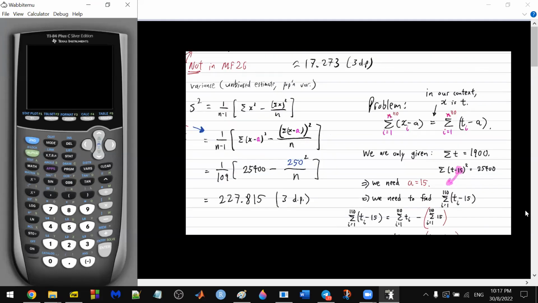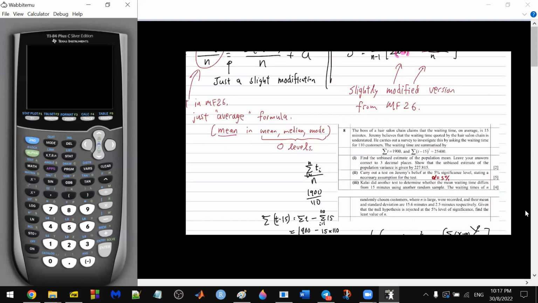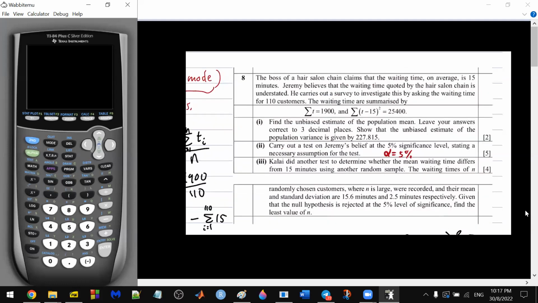Before that, let's read the question again. Carry out a test on Jeremy's belief at the 5% significance level, stating a necessary assumption for the test. 5% is 100 alpha percent, where alpha is 0.05.